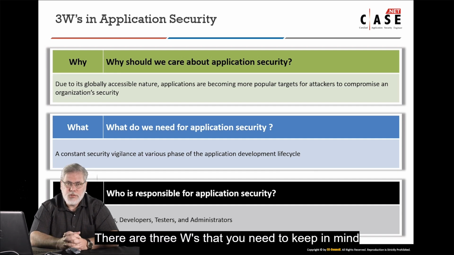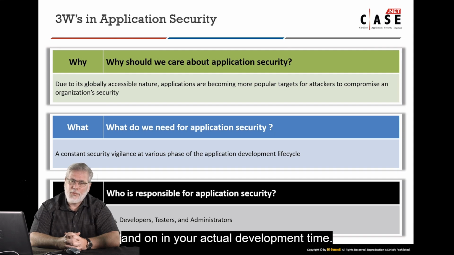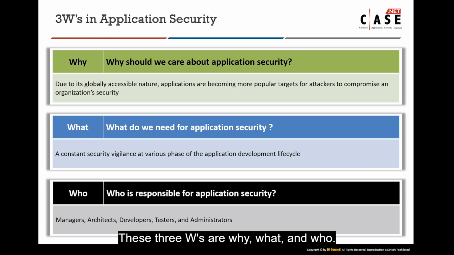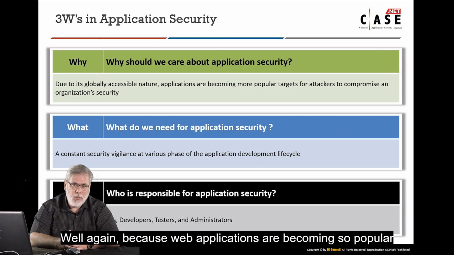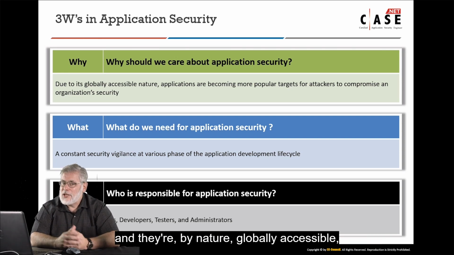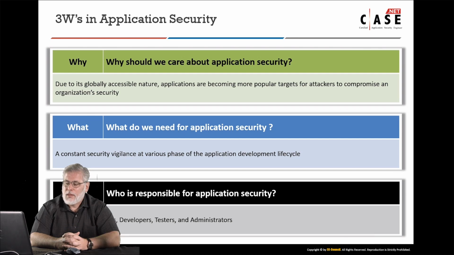There are 3 W's that you need to keep in mind throughout this course and on in your actual development time. These 3 W's are why, what, and who. Why do we care about application security? Well, again, because web applications are becoming so popular and they're by nature globally accessible, they're becoming seriously attacked on a regular basis.